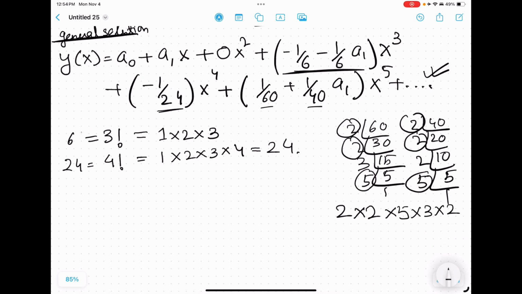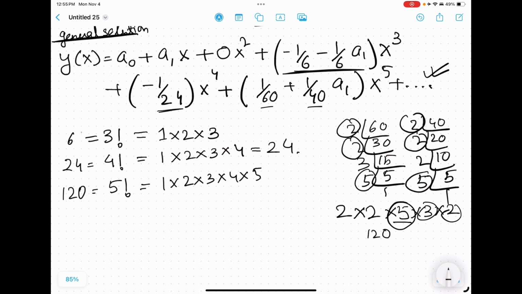And if you do the multiplication, 2 times 2 is 4, and then 4 times 5 is 20, and then 20 times 3 is 60, and then 60 times 2 is 120, okay? And if you look closely, my 120 is basically 5 factorial, since 1 times 2 times 3 times 4 times 5. Okay, so that's basically my 120.